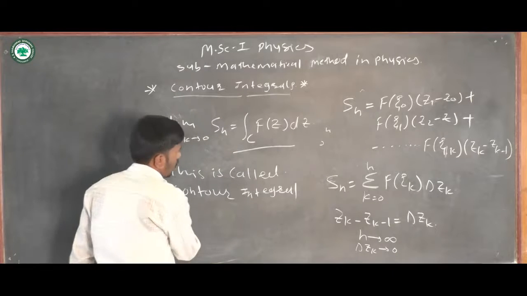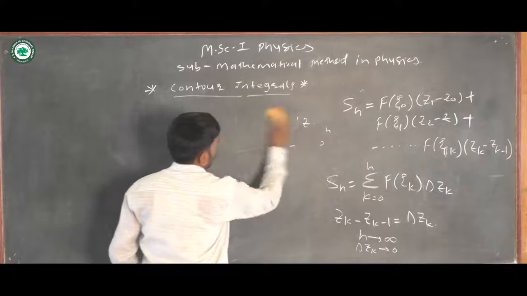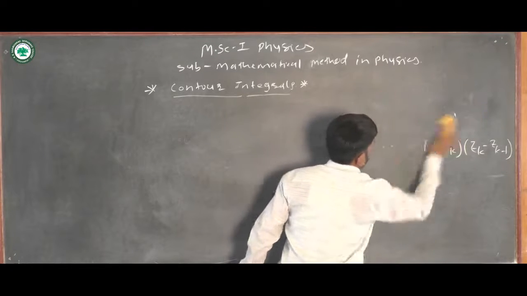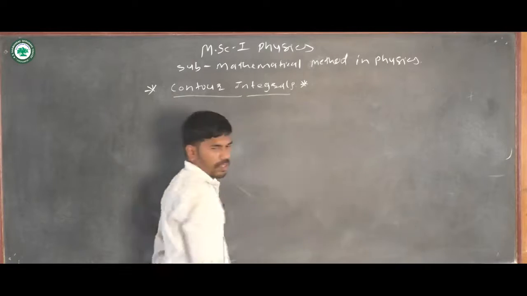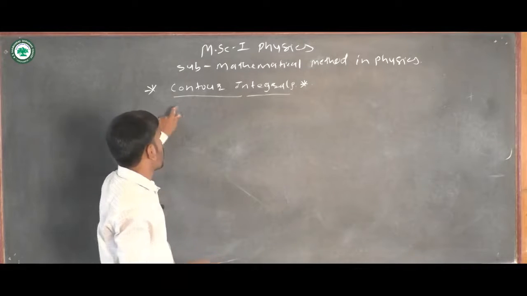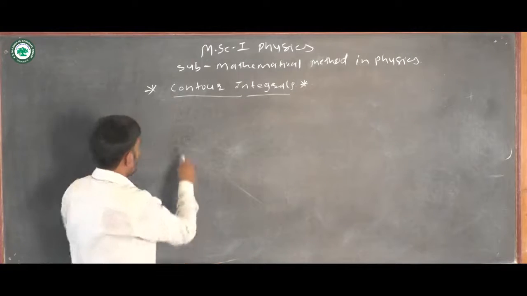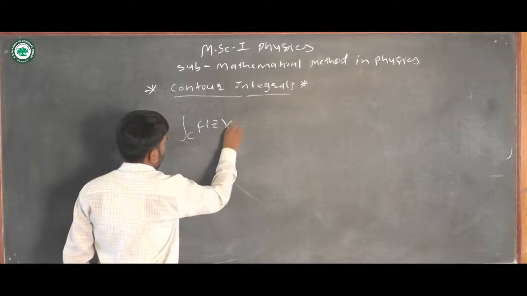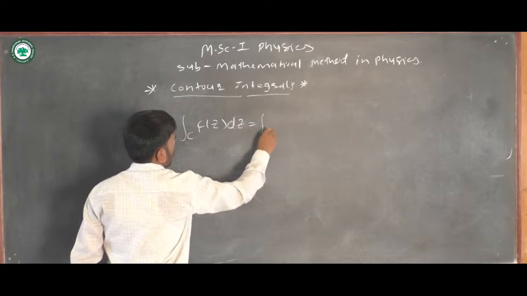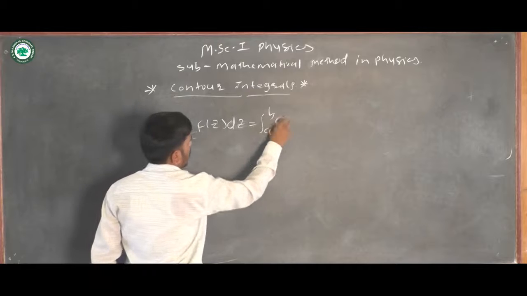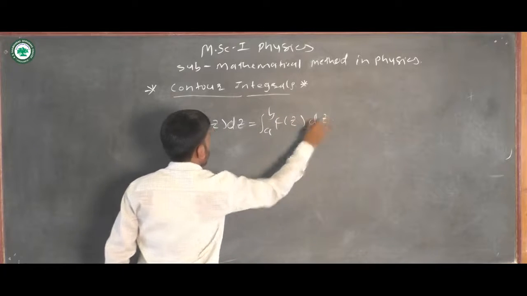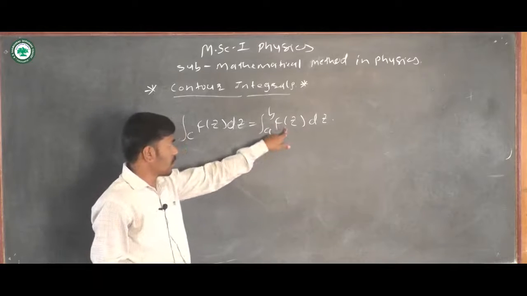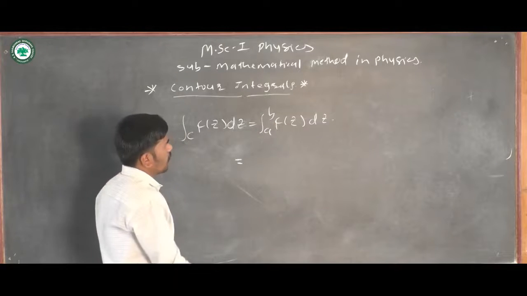Now what is the procedure to solve examples? What is the procedure if we try to solve an example? So if we have the integral over C of f of z dz, you can write it as the integral from a to b of f of z dz. We know f of z is equal to u plus iota into v.